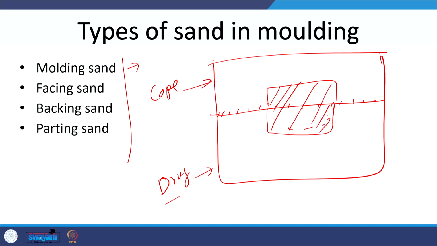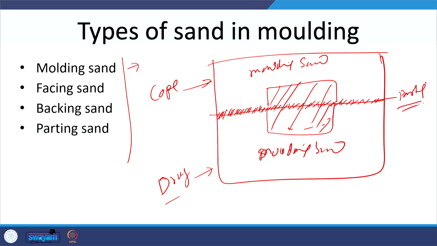But at the surface where we want the cope and drag to be separated, we use the parting sand at the junction, so that the two parts can be separated.